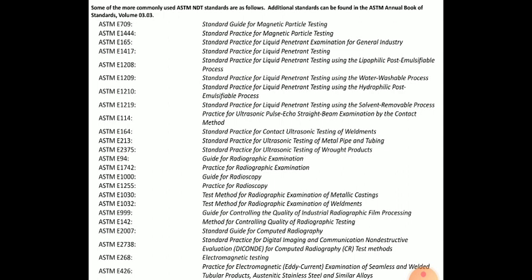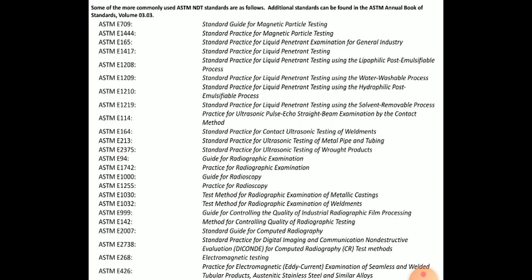And then we come to E94, the guide for radiography examination. It is one of the most important examinations, and that standard includes all the details to be performed during this particular test. Step-by-step procedures are provided here.